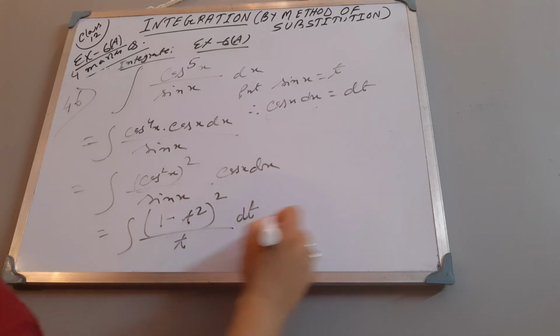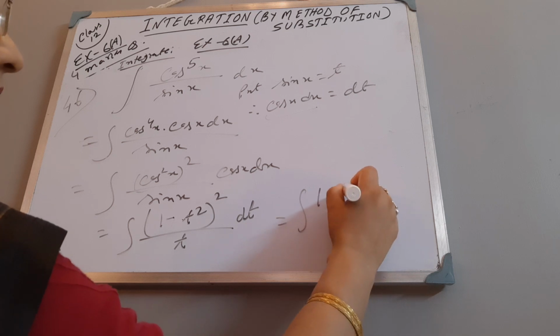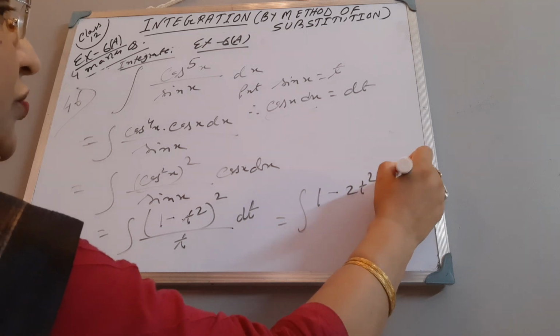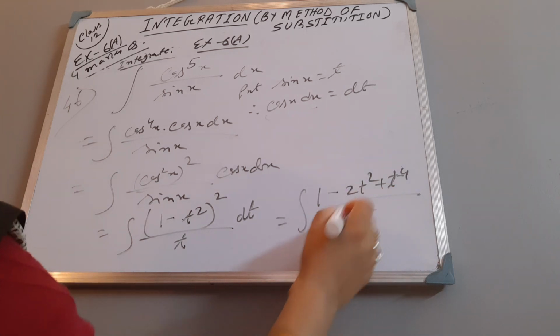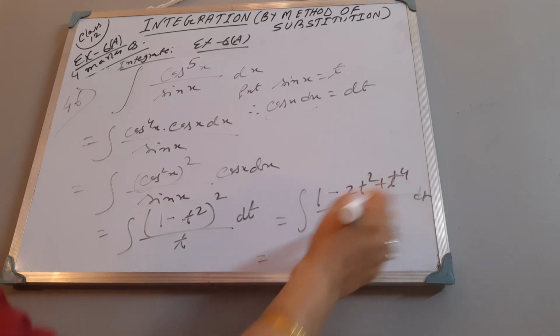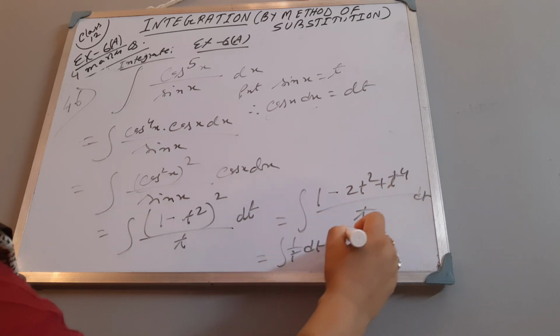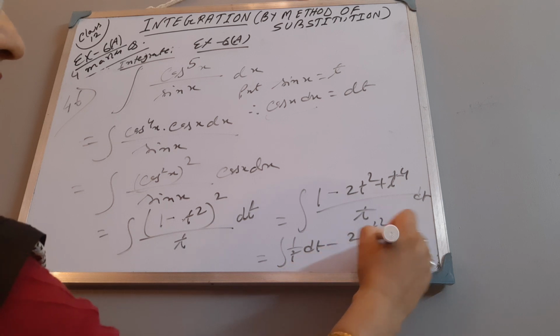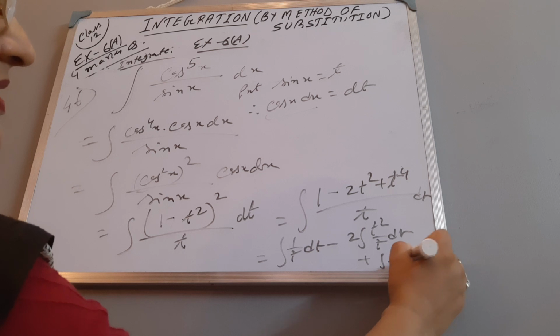Now 1 minus t square whole square is 1 minus 2t square plus t to the power 4, whole divided by t, and dt obviously there. Now we will split all these terms: 1 by t dt minus 2 integral t square by t dt plus integral t to the power 4 by t dt.